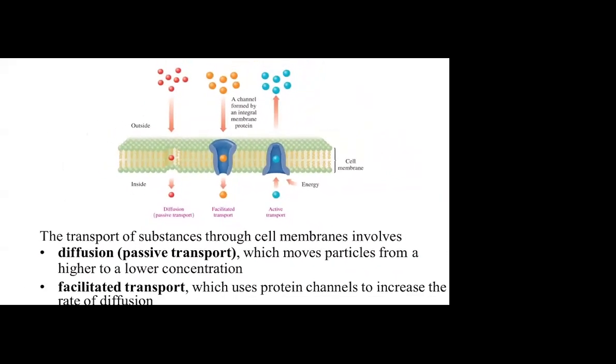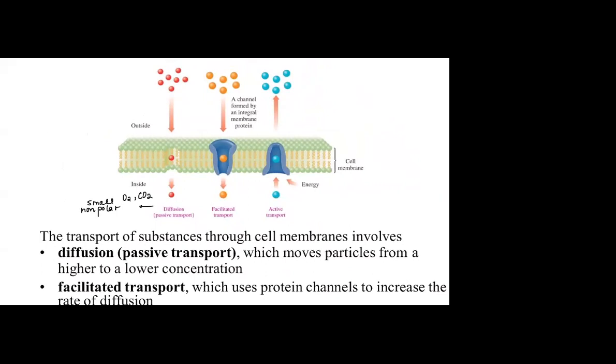So it is known that the molecules that can actually diffuse include small, non-polar molecules like O2 and CO2. They're small, they're non-polar, and they're able to do this.